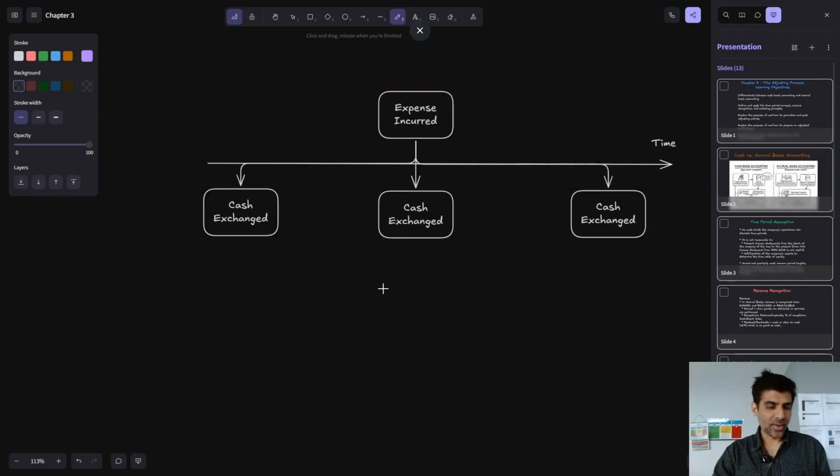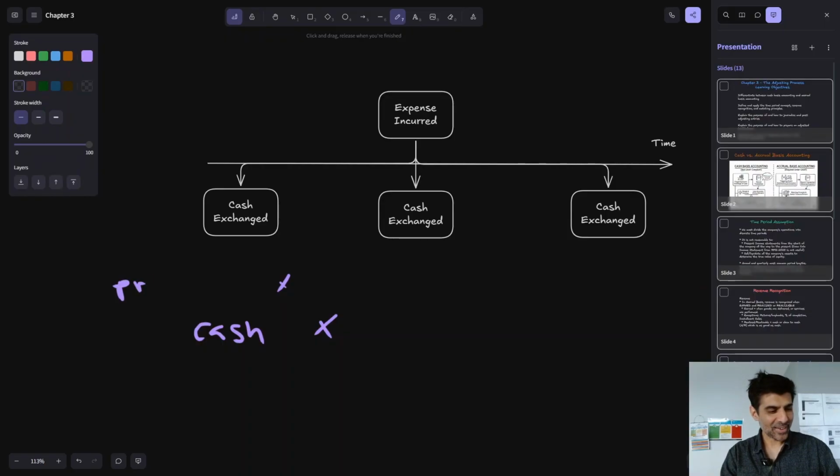Okay, so it's the same thing with expenses. If we exchange cash, meaning we pay cash this time before the expense, what do we have? We're going to credit cash this time. What do we debit? We've already seen it now a couple of times. What is it called? Prepaid expense, right?